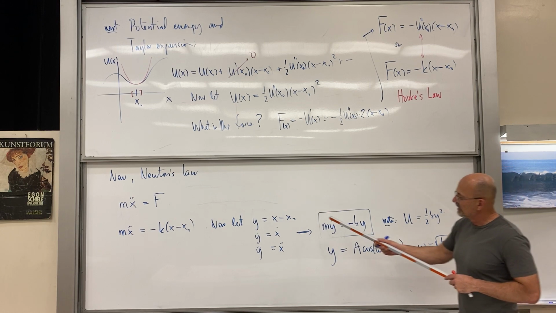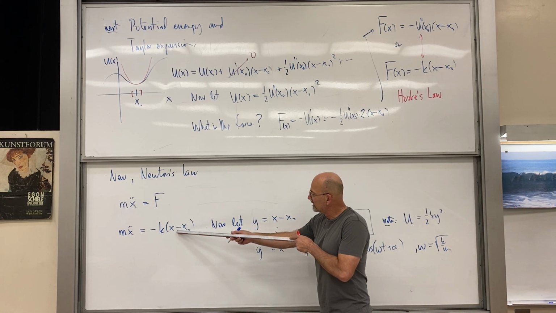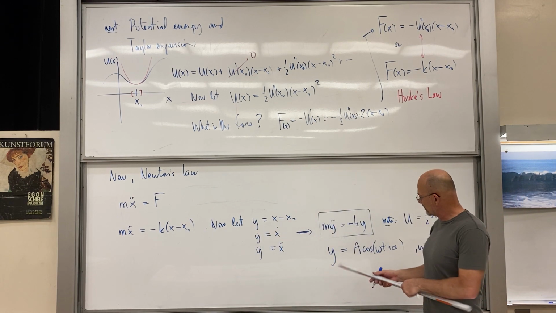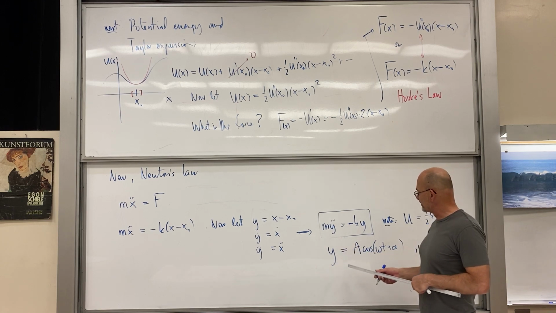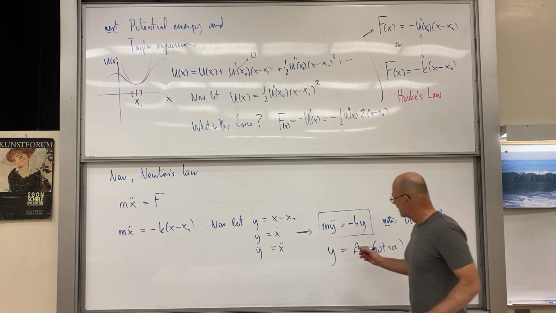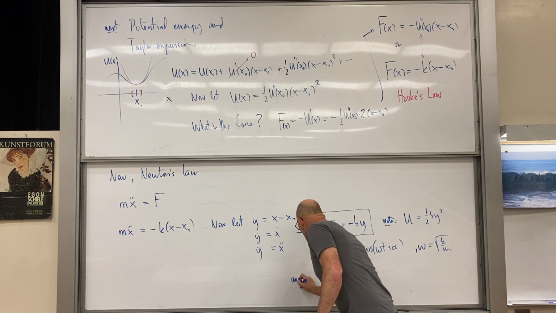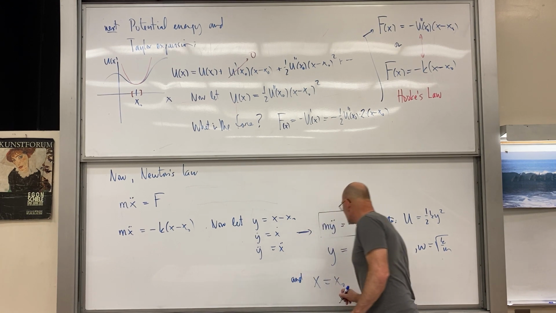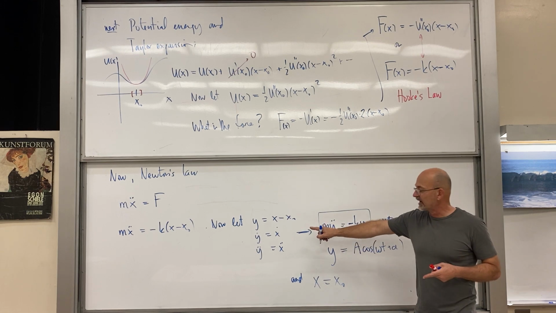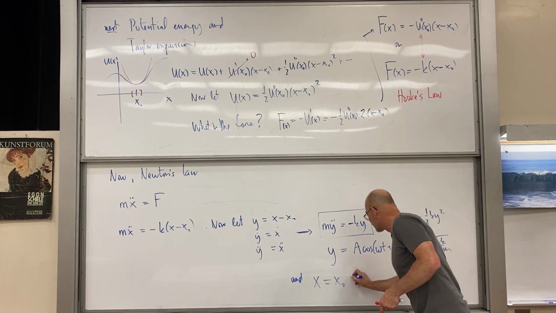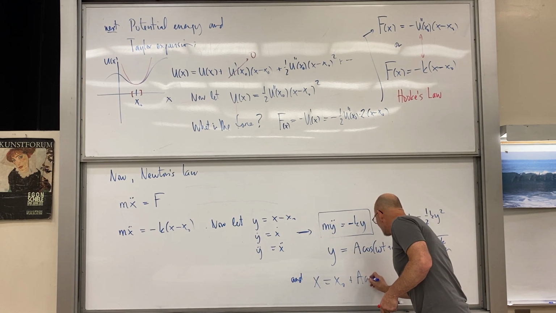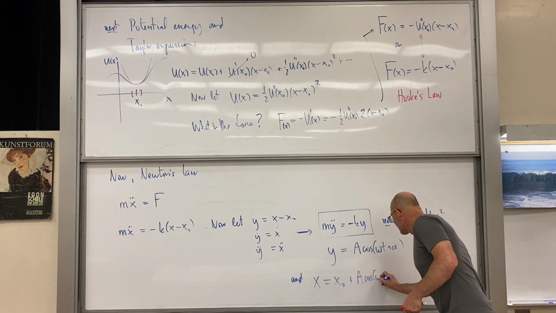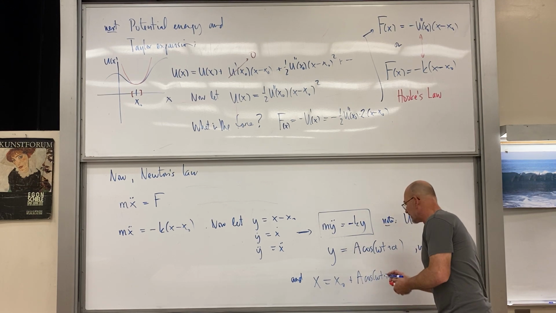And you know what this substitution did, we can bring the substitution back, as a matter of fact. Now that we have that solution, we'll wrap it up with this. And x is equal to x0 plus y, because y is just x minus x0. So x is equal to x0 plus a cos of omega t plus alpha.